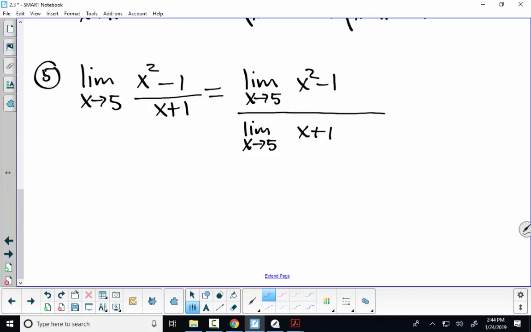At this point we see that other rules apply, especially the sum and difference, so we could also write that out in that way. It's not terribly efficient to do this, but just to illustrate what we're able to do with limits.